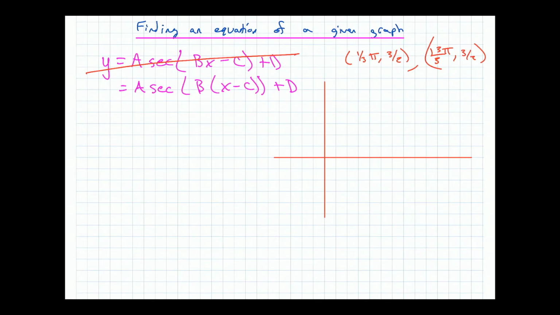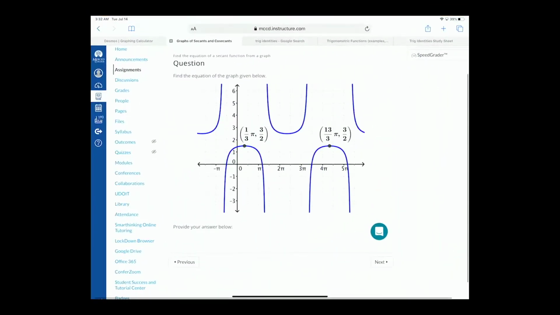I'll call this pi over 3, 3/2. And then counting 1, 2, 3, 4, 5, 6, 7, 8, 9, 10, 11, 12, 13. That's lucky. Right there, and that'll be 13 pi over 3. All right, is what it is.